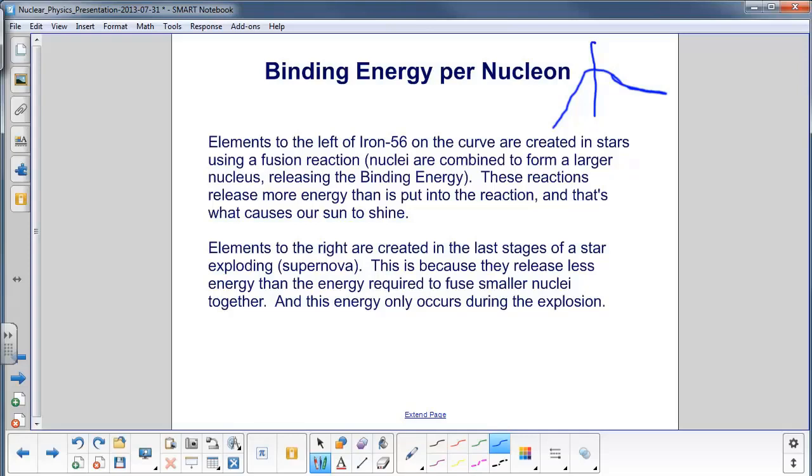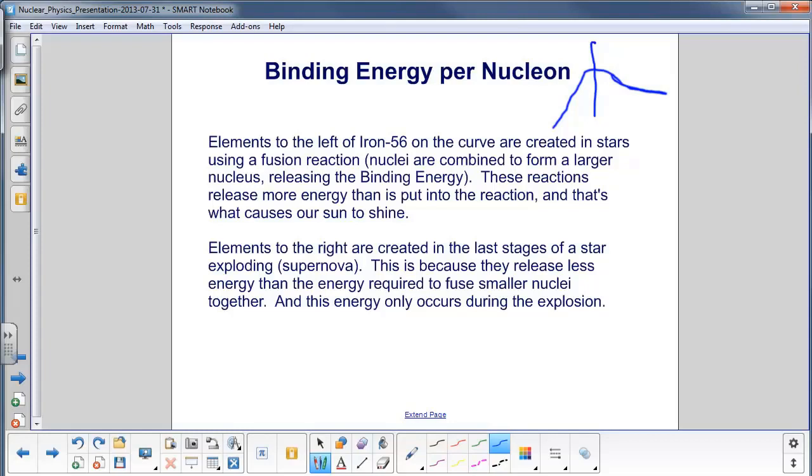But basically, nuclei are combining to form a larger nucleus, starting by combining hydrogens into helium, which is the main reaction our sun uses to release energy, and that will release the binding energy. So that's fusion. So to the left of that line, you have fusion reactions. These reactions release more energy than is put into the reaction, and that's what causes our sun to shine.